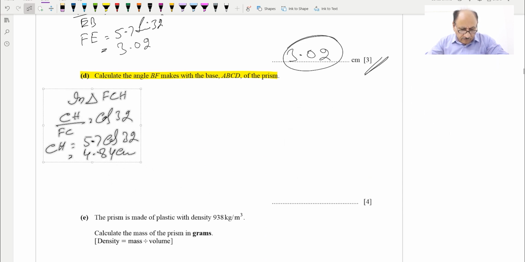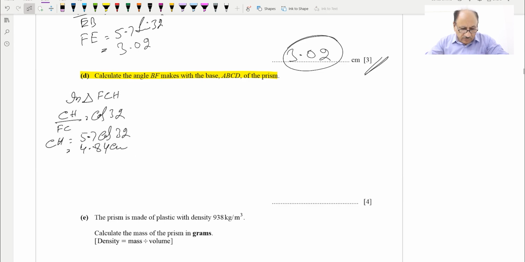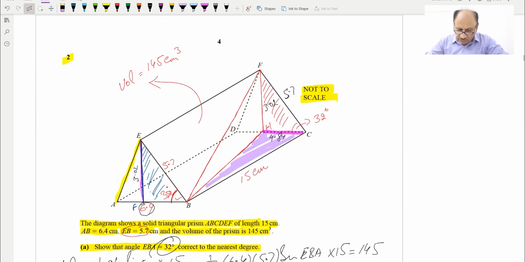Now we can calculate the next, which is BH. So BH is required, so we can write BH square, or BH, is equal to the other two sides.